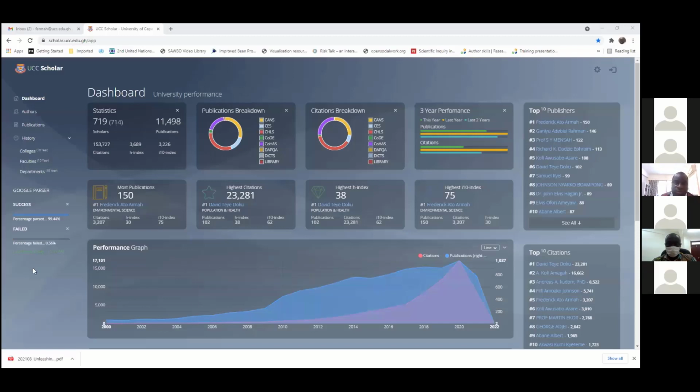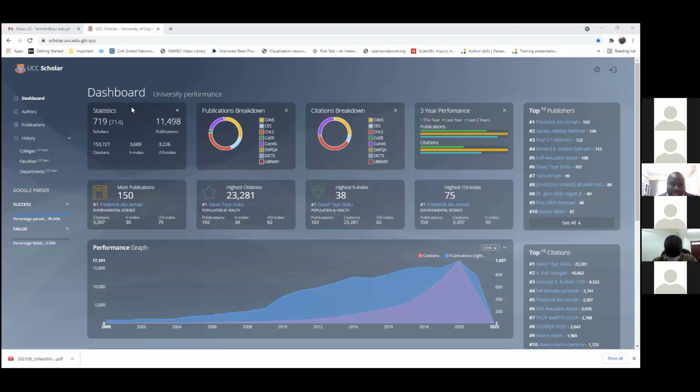Yes, so you are now seeing the University of Cape Coast Bibliometric Database. This is the dashboard. Now, so you can see here, we talk about the university performance, and that gives the performance of the university in terms of our research or scholarly output in general.